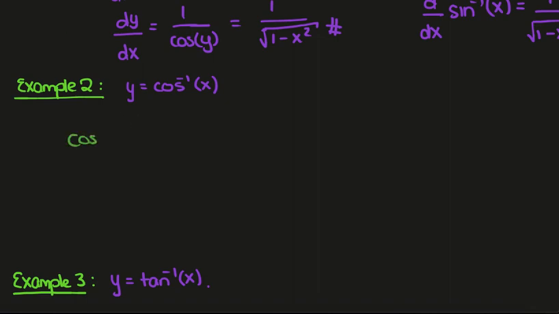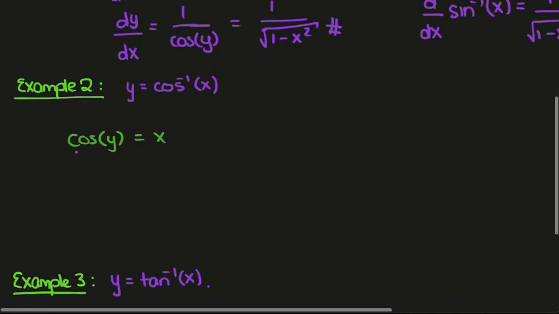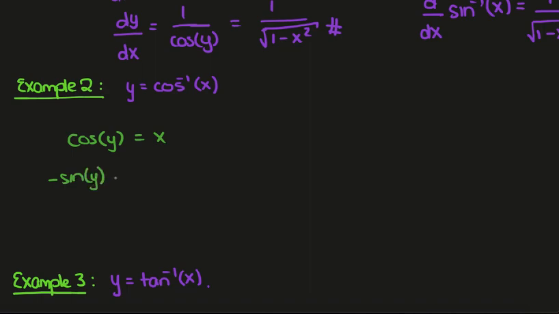So we take cosine of y is x. Using implicit differentiation, we have that the derivative is minus sine y dy dx is 1. So dy dx is minus 1 over sine y.